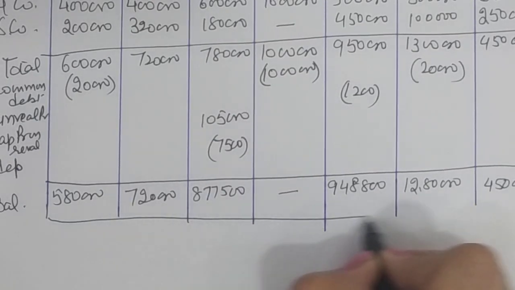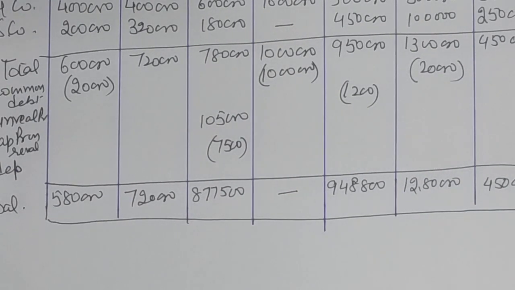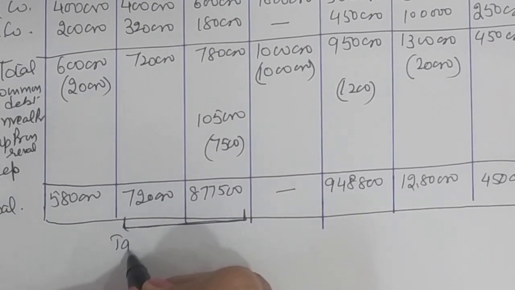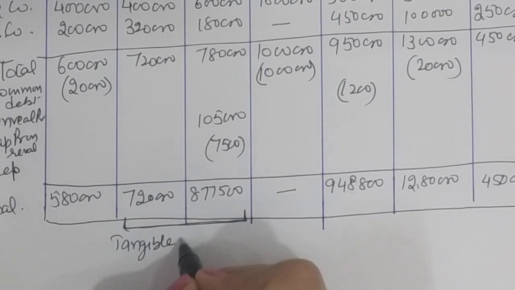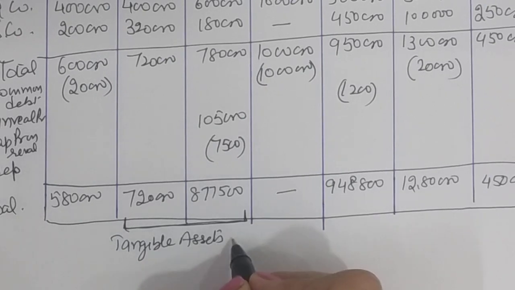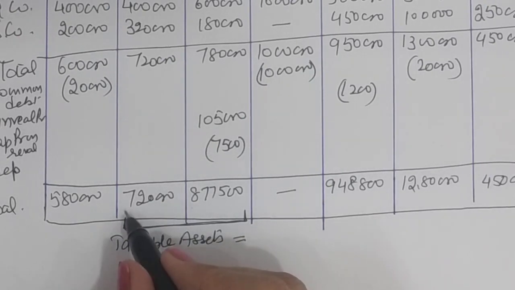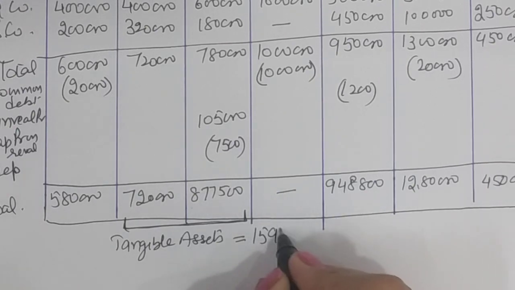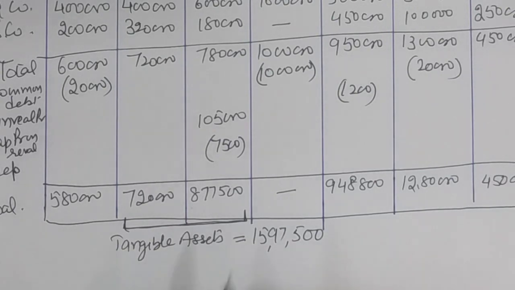So that means the total. Now when we look at the amounts, we know that building and plant must be combined together. So we can write here tangible assets. That means 15,97,500. You can write it separately also. So just write all the totals.